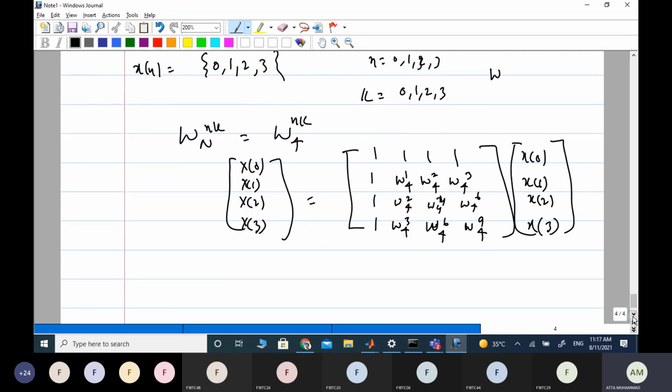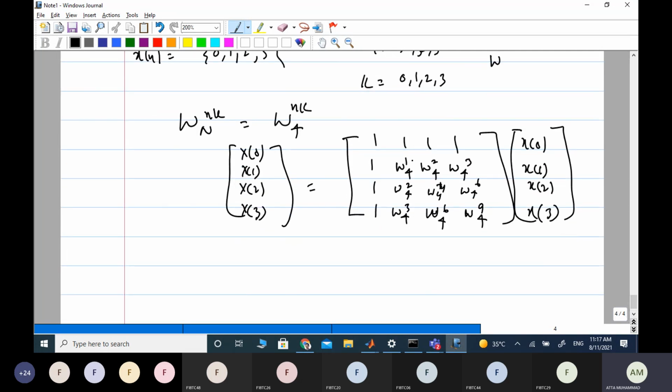But before going to that, we have to compute the values for W4 power 1, W4 power 2, W4 power 3. We know that W4 power 1 is nothing but e to the power minus j2 pi by 4, whole power 1, right?